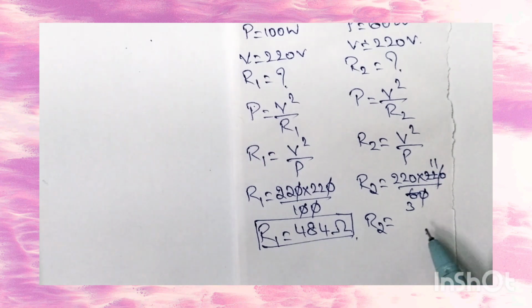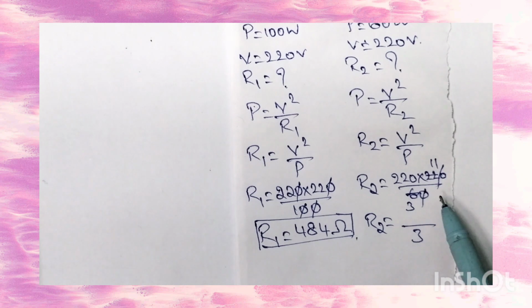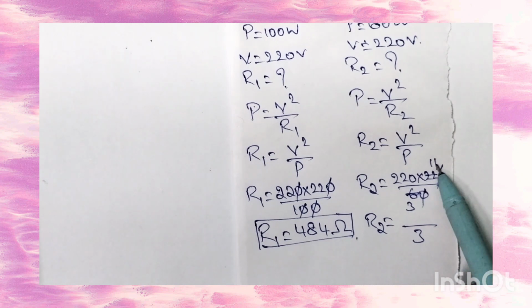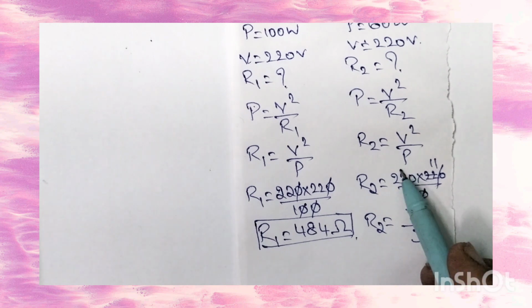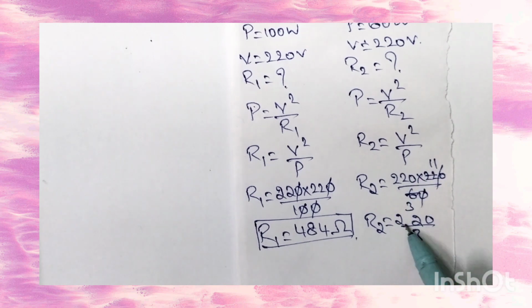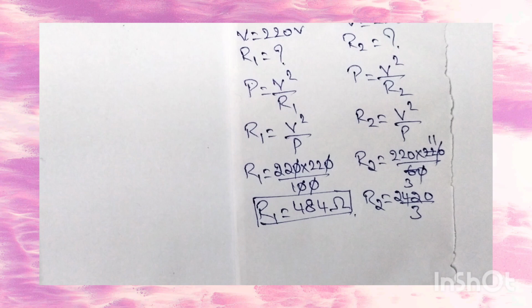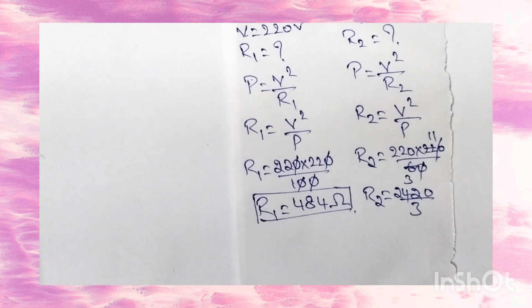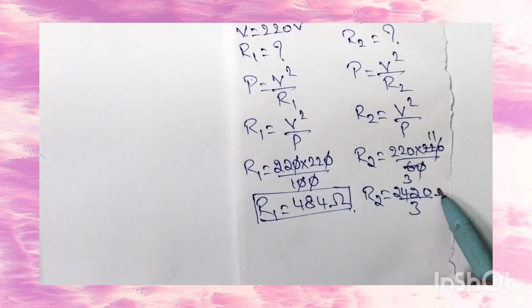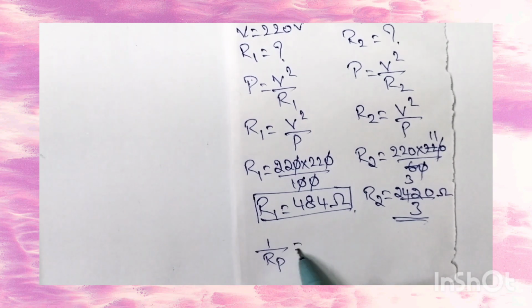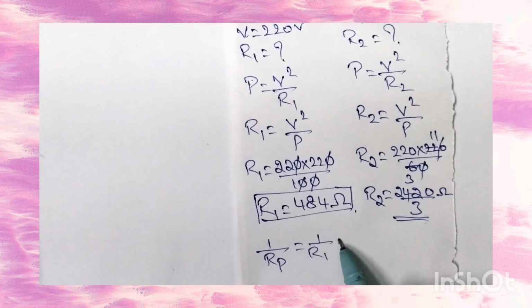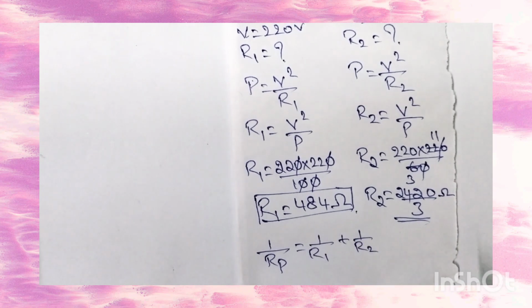So what is the remaining? So that is 3. In the denominator 3 is there. Numerator 11 zeros are 0, 11 twos are 22, get 2 carry, 11 twos are 22 plus 2 is 24. So it will become 2420 divided by 3 ohms. So now both of them are connected in parallel. 1 over Rp is equal to 1 over R1 plus 1 over R2.